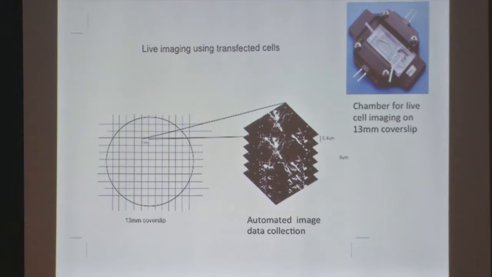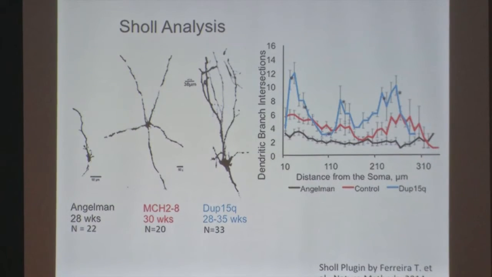So we do 3D imaging after transfecting the cells with the GFP, and very briefly, here is a summary of the results. A Sholl analysis, which looks at dendritic branching. I guess the easiest way to look at this is to look at the three examples on the left. Angelman cells are not very highly branched.